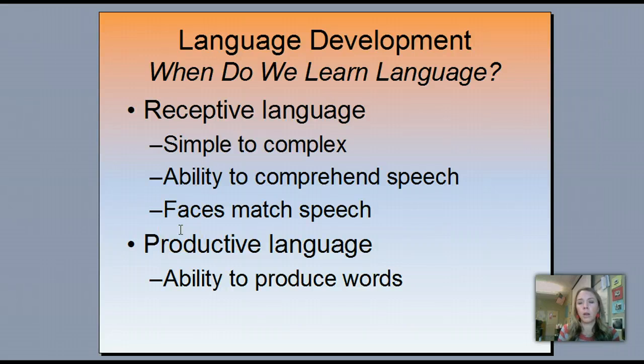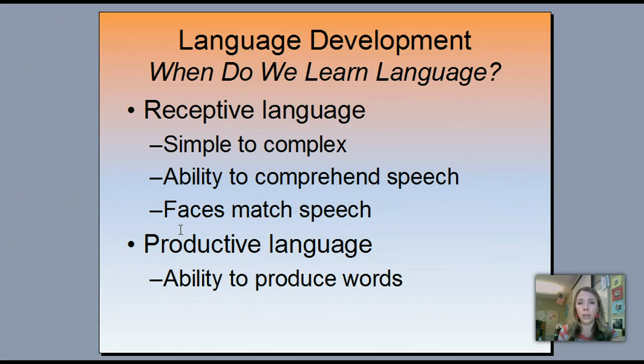Even though they may not understand what is said, when an O sound is made, they look at the face whose mouth is in the same shape as the sound. So we are much more prone to receive language at an early age than to produce language.